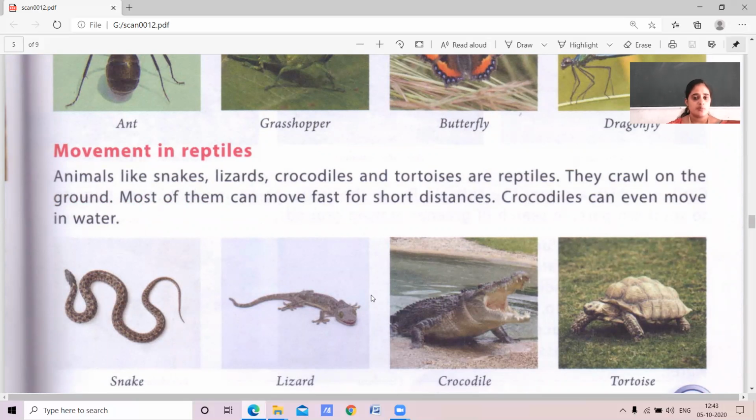Animals like snakes, lizards, crocodiles, and tortoises crawl on the ground. Most of them can move fast for short distances. Crocodiles can even move in water, as you have seen that the crocodile moves in water. Is it not? Yes.